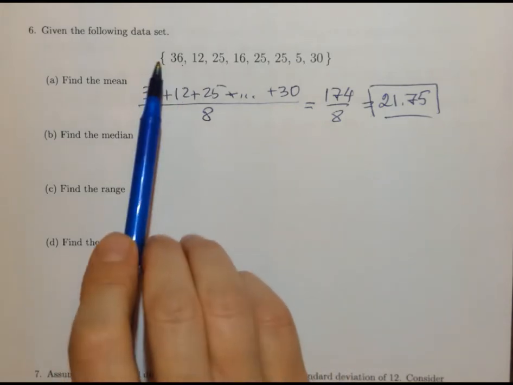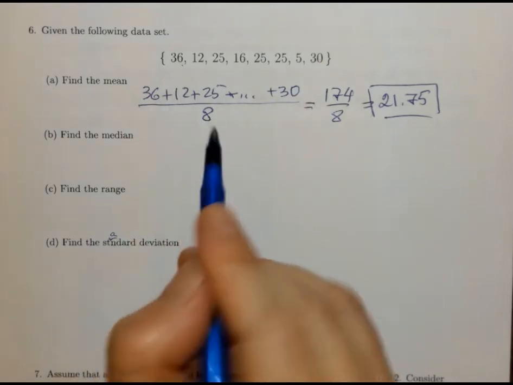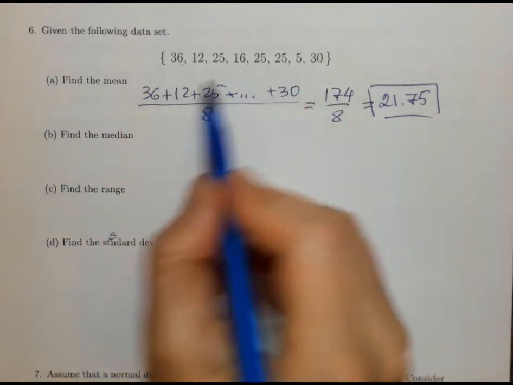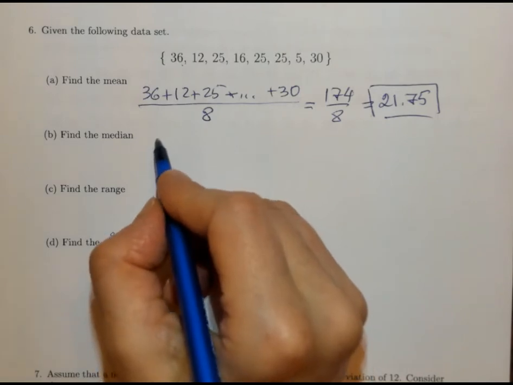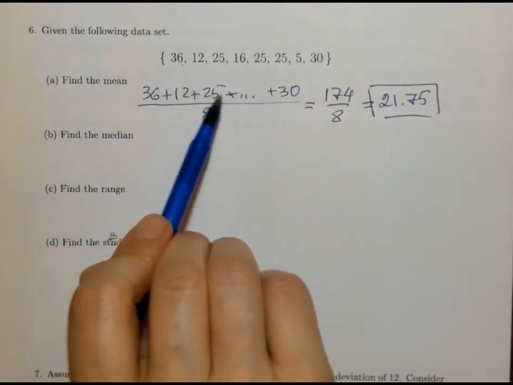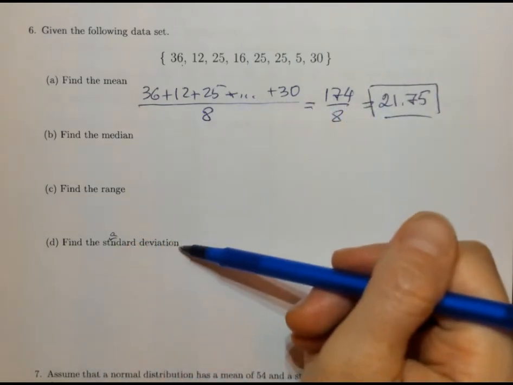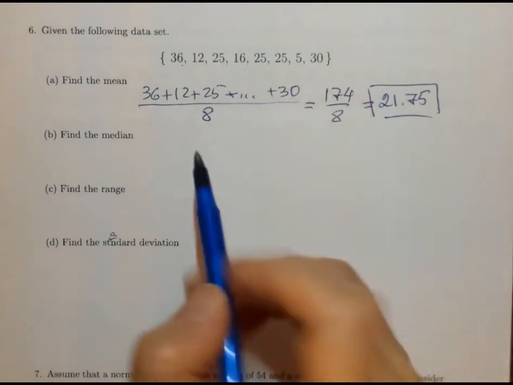To find the median, we first need to order the numbers. So here be careful, don't forget any number. It is important that you don't skip any numbers because you will need this mean to find the standard deviation.